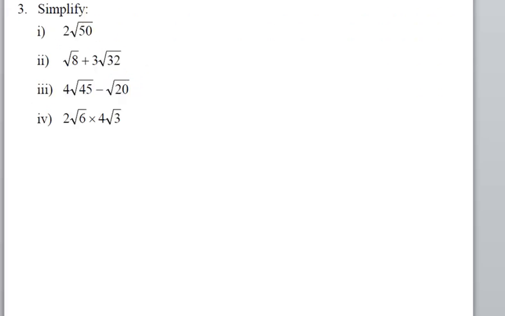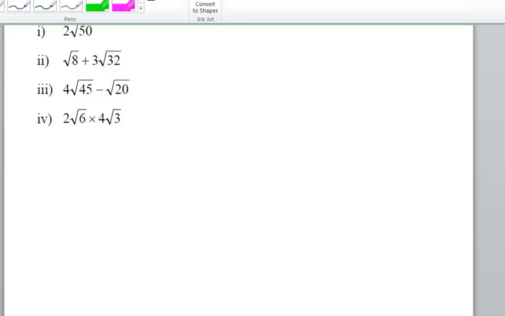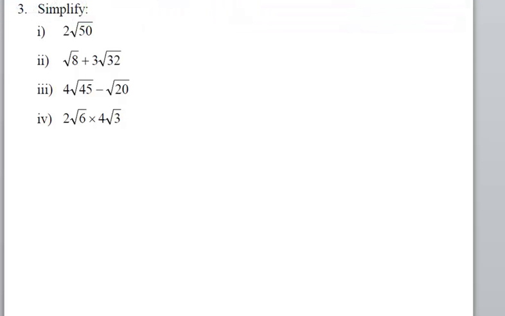For question 3, we're simplifying surds. So for 1, we'll work over here. We've got 2 square root of 50, and we want to think about our square numbers. So 1 squared doesn't help us much, but 2 squared is 4, 3 squared is 9, 4 squared is 16, 5 squared is 25, and we go, wait, 50 is 2 times 25.